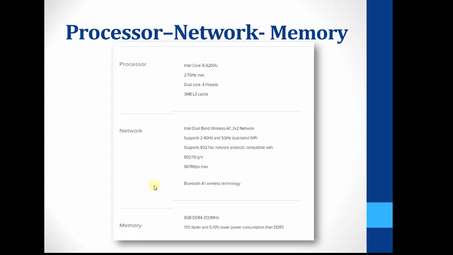Bluetooth 4.1 wireless technology is introduced, and 8 GB of DDR4 2133 MHz memory is 15% faster and uses 5 to 10 percent lower power than DDR3 RAM, which is already available in the market.